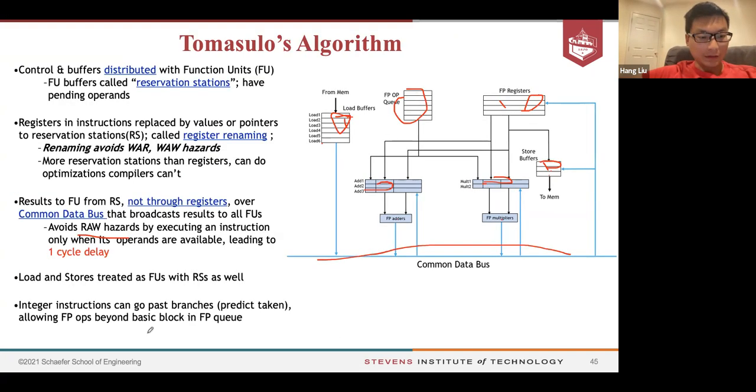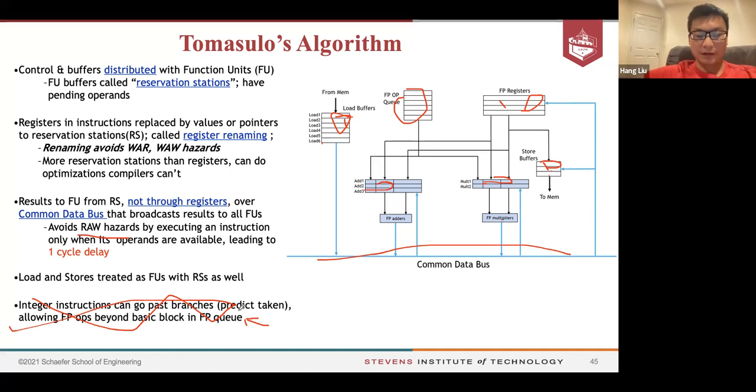I have to be clear that this is not for dynamic scheduling. Dynamic scheduling does not go past branch instructions typically. Branch instructions have to go either to static prediction. If it's static prediction, like I always predict taking or not taking, it is okay.